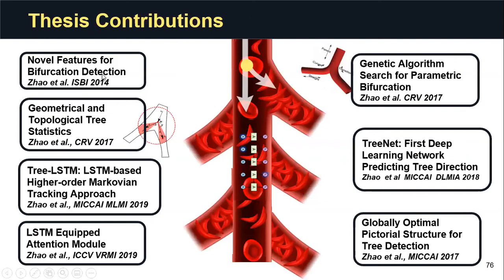Well, as a summary, the thesis comprises 7 contributions. We use null features for bifurcation detection. We use genetic algorithm search for parametric bifurcation. We use geometrical as well as topological tree information in tree extraction, and we use a deep neural network for predicting tree direction, as well as encoding higher order Markovian formulation.